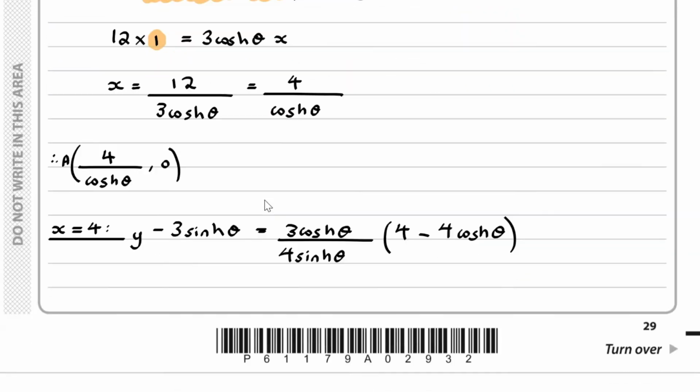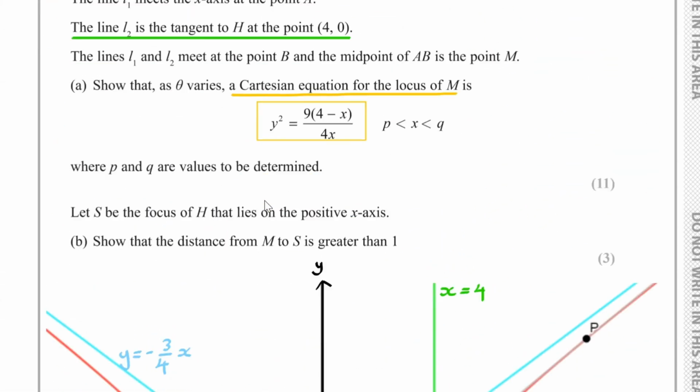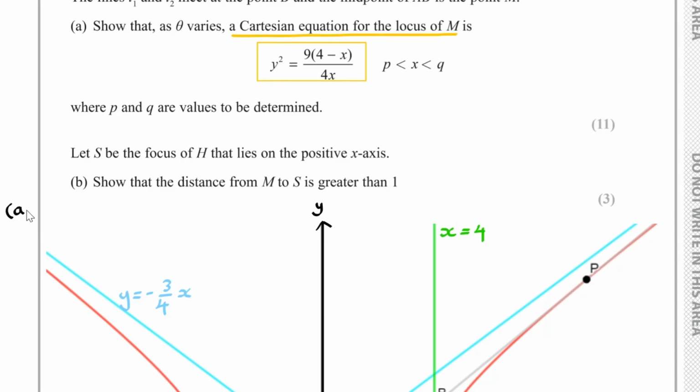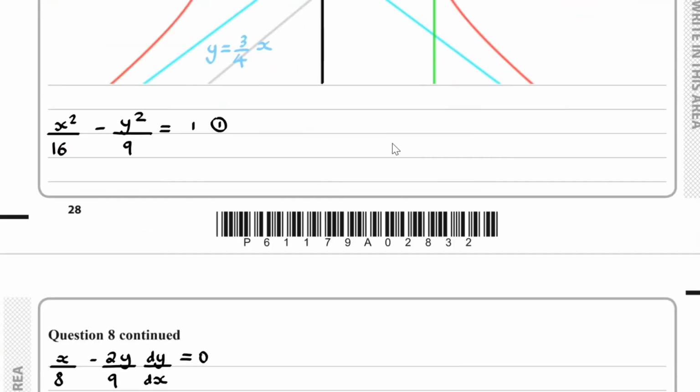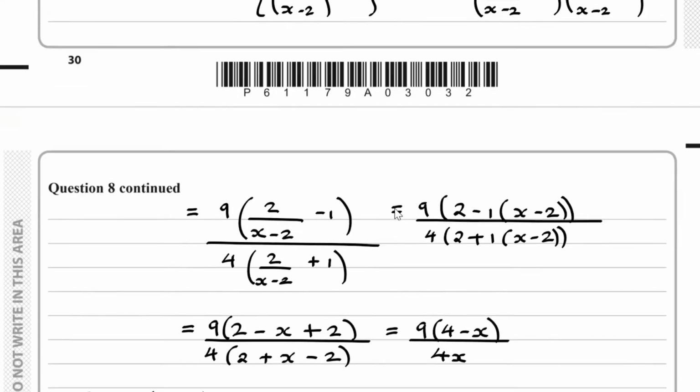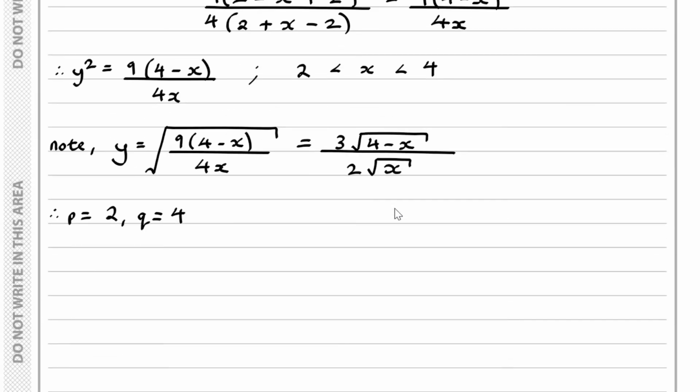For part B, so all this actually was part A. And now for part B, the focus, we'll give the focus S a coordinate of AE, 0, okay?